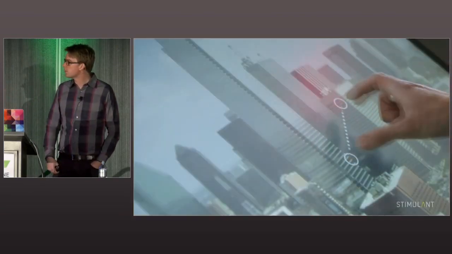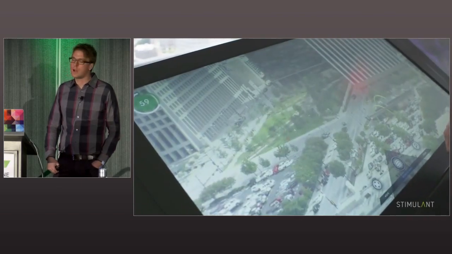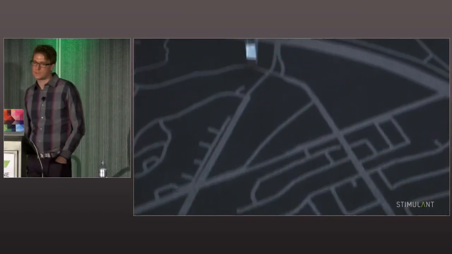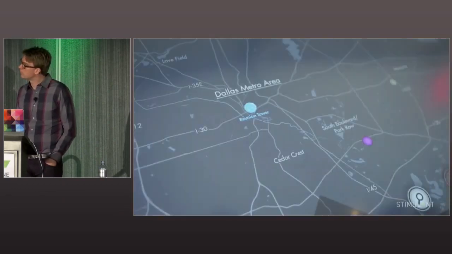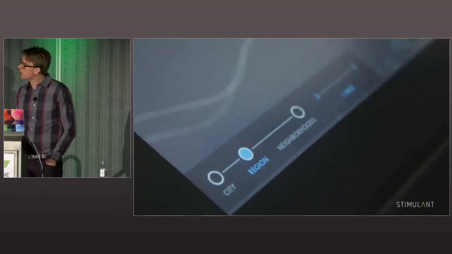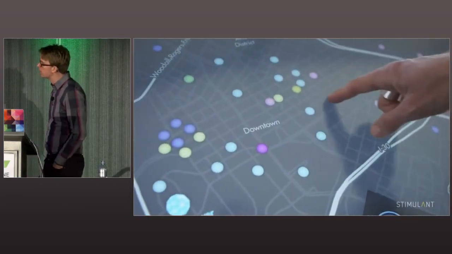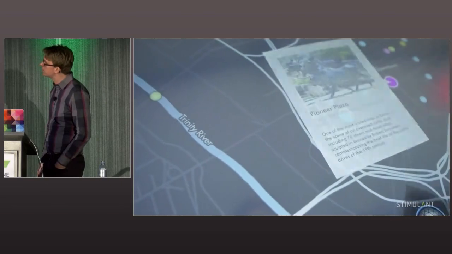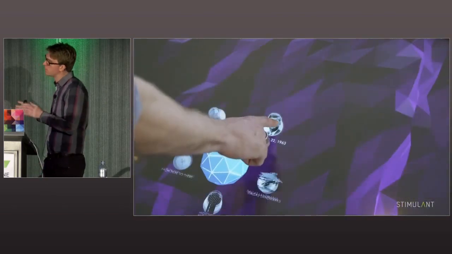There are tons of motion sensors in the place, and it reacts to you even if you're not actually interfacing with one of these displays. There's also informational stuff in here, so you can find out where the closest Applebee's is, and all of it is situated based upon where you are in the tower.